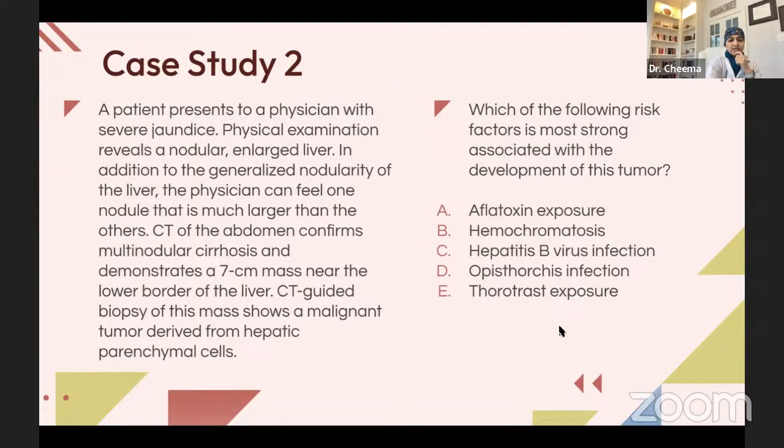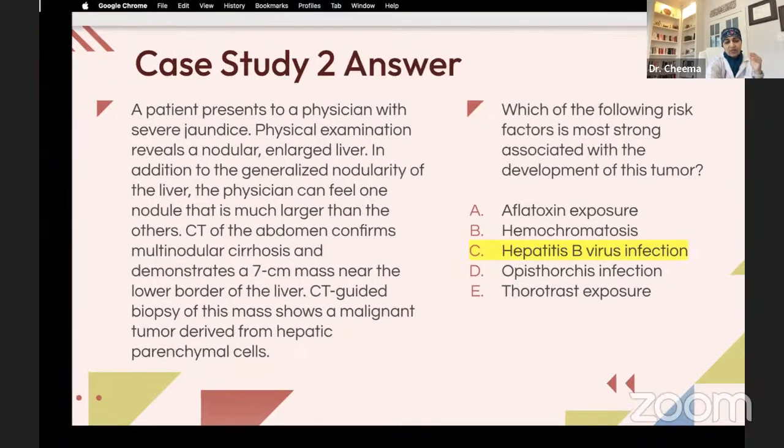The patient has a mass on the CT scan, and biopsy showed a malignant tumor, right? So the patient has hepatocellular carcinoma, and they're asking what is strongly associated with the development of this tumor. So among all these, it's the hepatitis B virus infection. As we talked about the transmission first, now in this case study, we're learning about the hepatitis B virus.